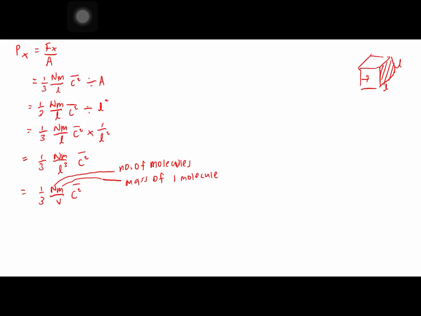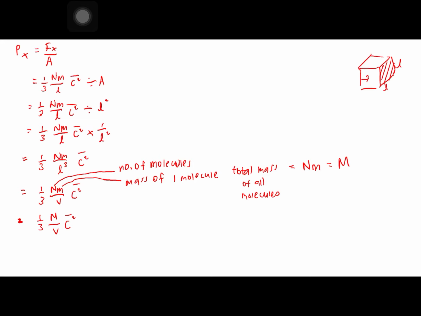That gives us the total mass of all molecules. That would be big N times small m. Now I'm going to use capital M to represent this. So I get 1/3 M over V times c square.